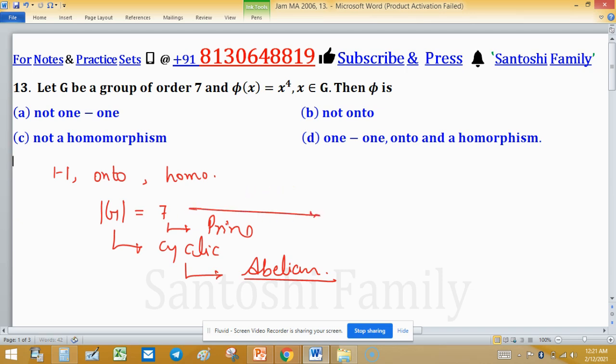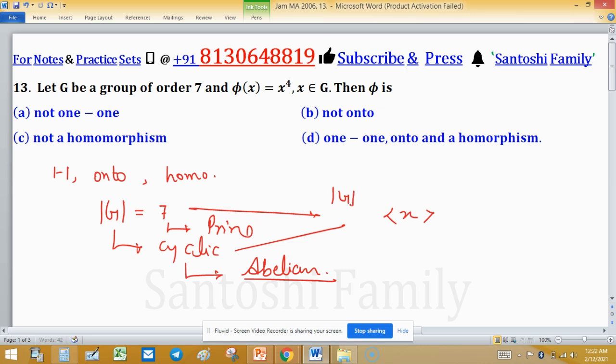First, what is the information given? G is cyclic and the order of G is 7. Because G is cyclic, it is generated by, suppose, x.